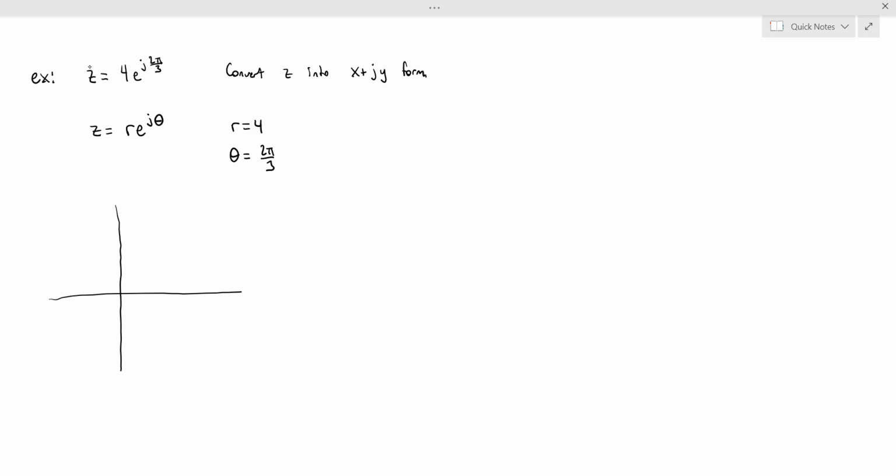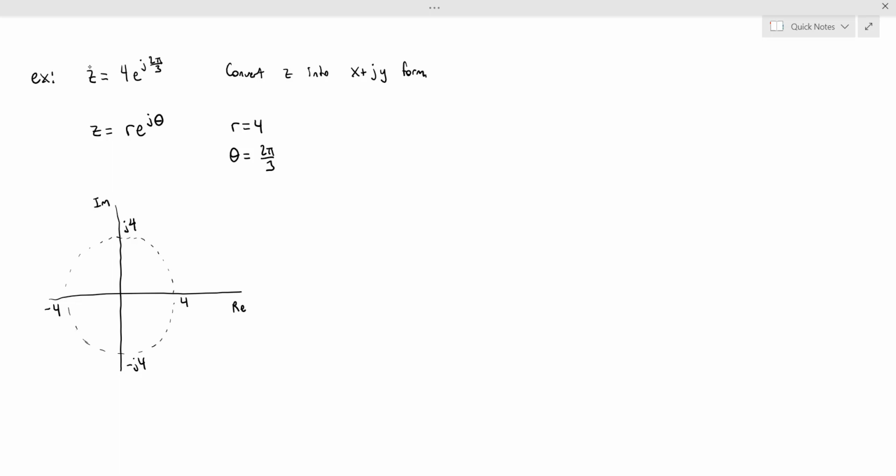So remember that r represents distance from the origin, and theta is the angle from the positive x-axis. Because r is 4, we know that this complex number is going to be located somewhere on a circle of radius 4. So let me just draw a circle here.